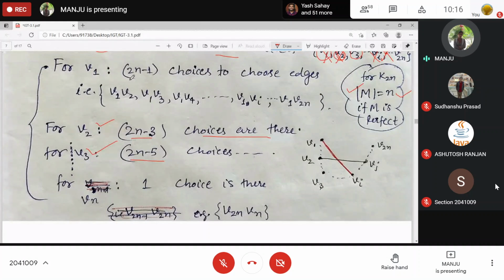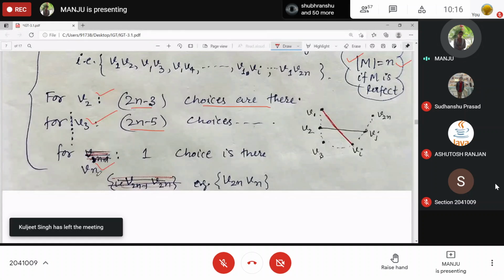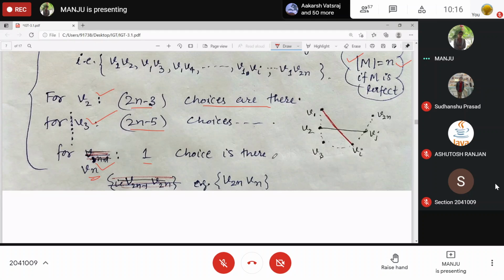So for V1, 2n minus 1. For V2, the second vertex, it is 2n minus 3 choices. And for the third vertex, there are 2n minus 5 choices. Clear? And so on up to Vn, the last vertex, where only one choice will remain. Okay?